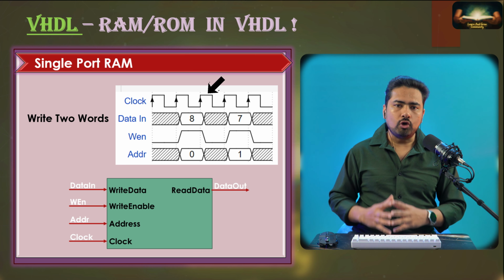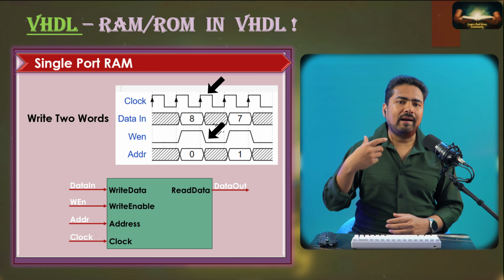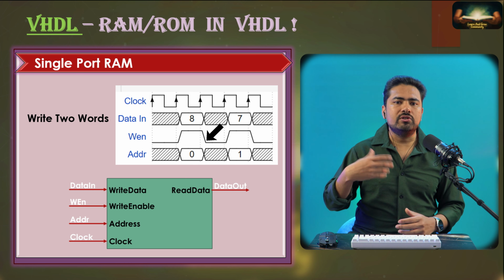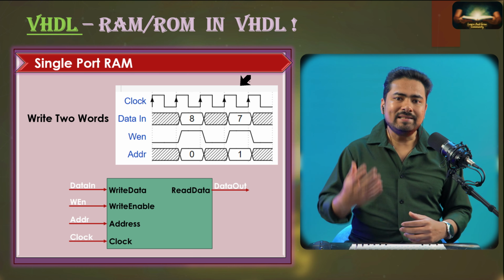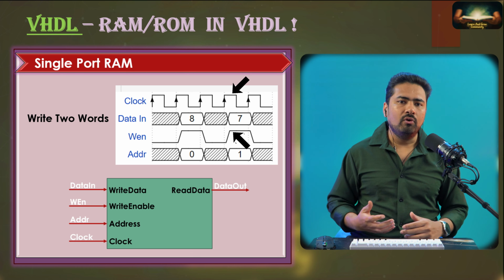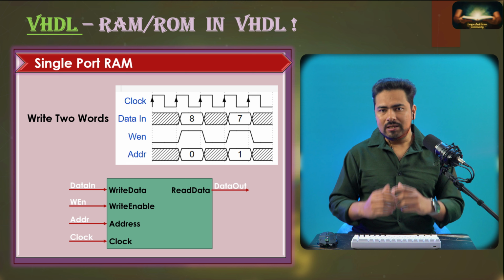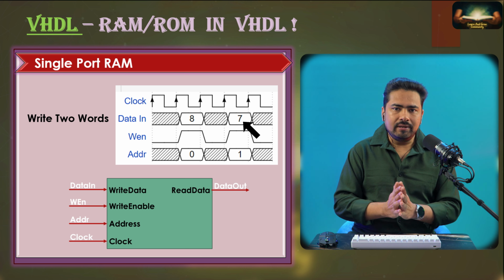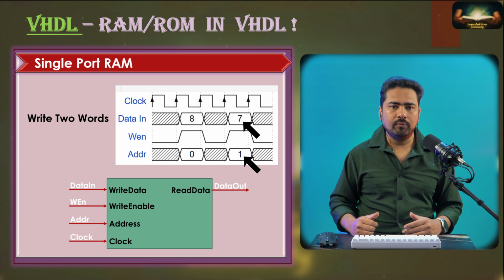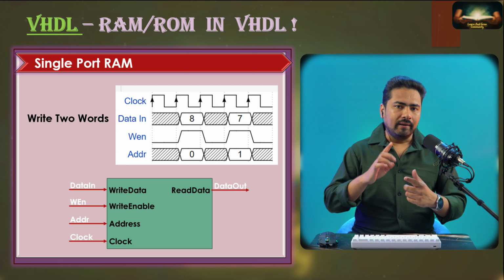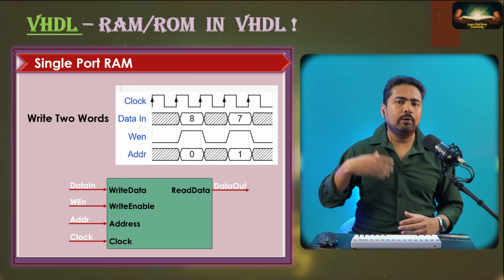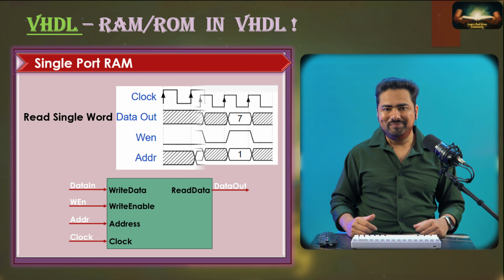Then for the next clock cycle, we disable the write operation by setting it to 0. Then for the next cycle, we enable it again for the writing operation. This time we are writing value 7 at the first location of memory. So you can control read and write operations as per your project needs very easily.